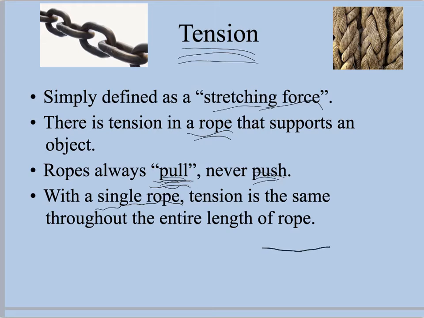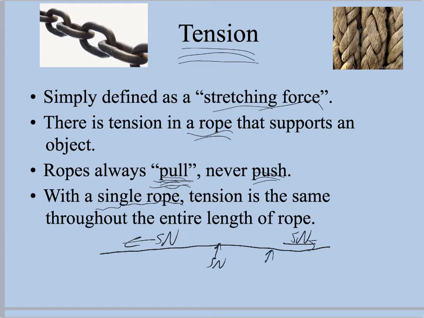So if I have a long rope stretched out and I'm pulling with 5 newtons this way and my friend's pulling with 5 newtons this way, some people would think, well, then the tension in the rope must be 0. Well, if the tension in the rope is 0, then the rope's going to be limp. It's not going to be stretched out and taut. So the tension here would be 5 newtons.